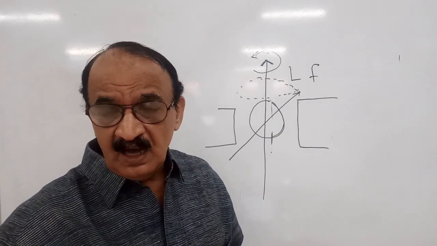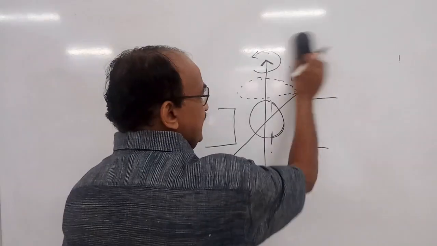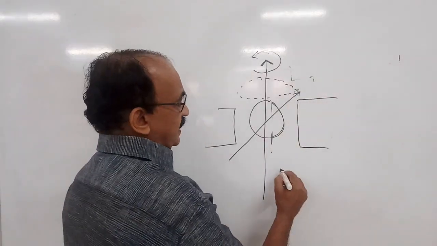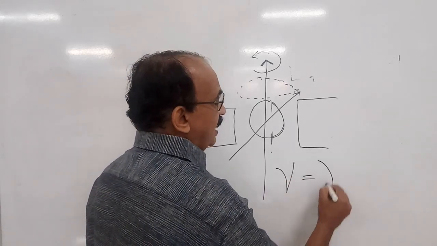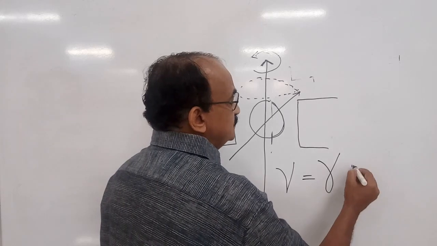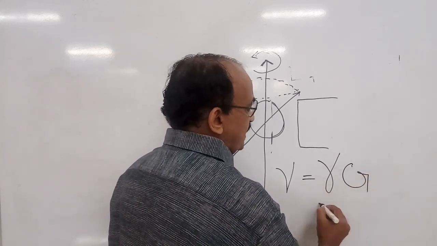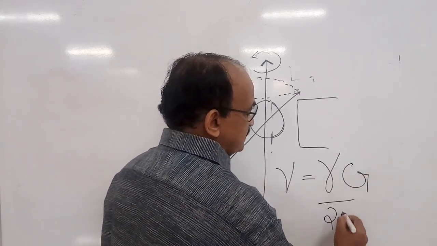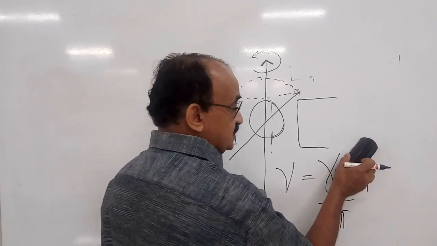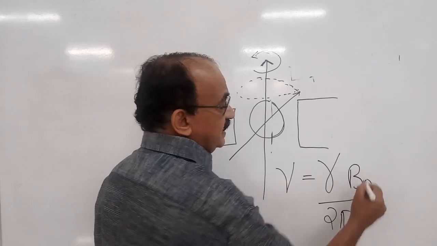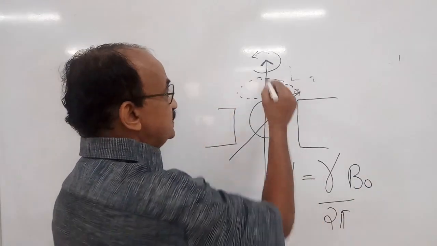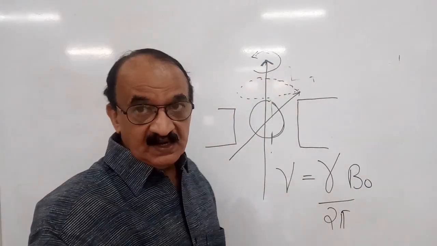That Larmor frequency nu is equal to gamma into B divided by 2 pi. Sometimes B may be replaced by B0. B or B0 is the strength of the applied magnetic field.